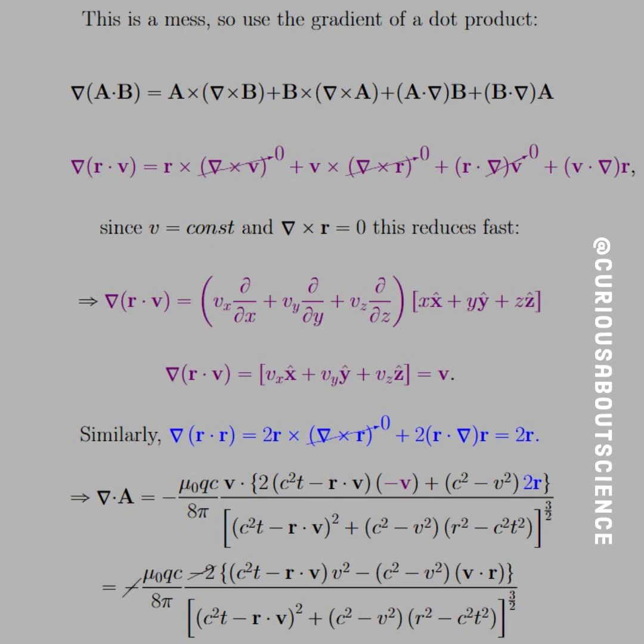Then we get 2 of those, and we also get 2 of the r dot r's. So the 2 r dot del applied to r just gives us 2r, and we're cool enough to simplify that. So I put that negative 3/2 power in the denominator to try to save space, and I put the results for purple and blue in, and we see a lot of cancellations again once we try to tidy up as much as possible.